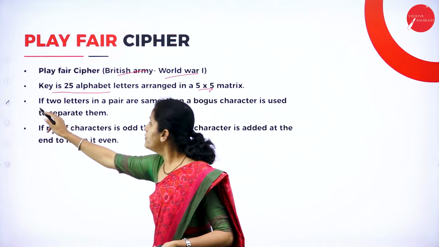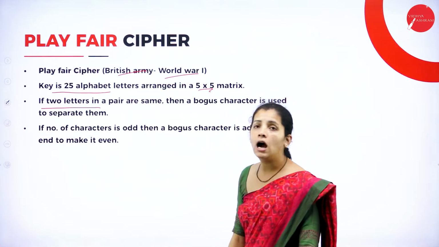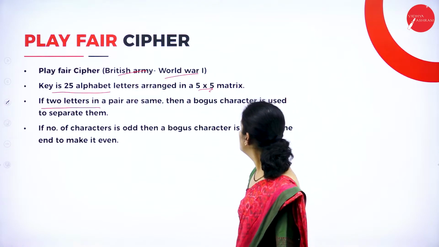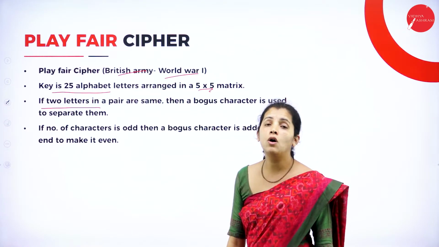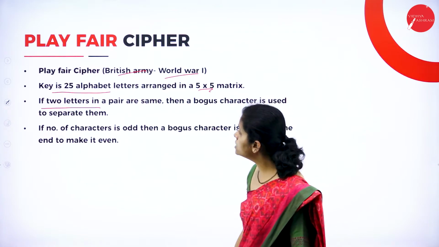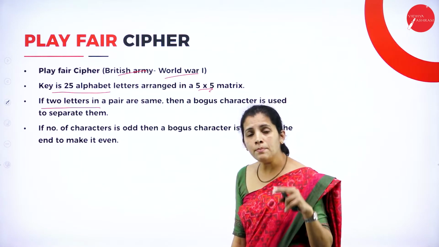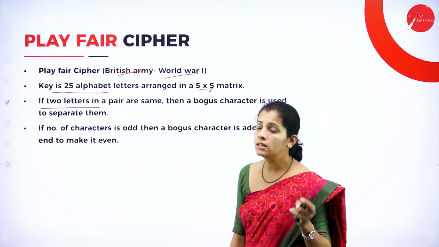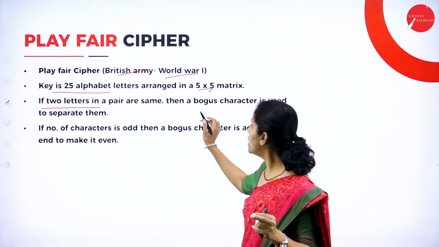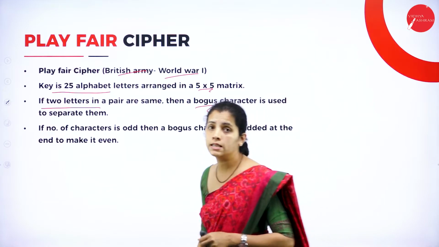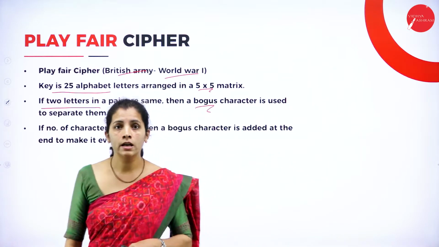And if two letters in a pair are the same, then a bogus character or filler character is used to separate them. That means if the same characters appear, then what I want to do? I want to use a bogus character or filler character.